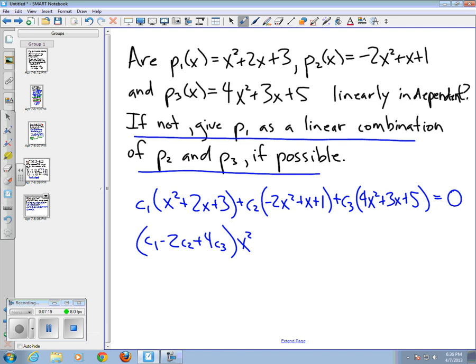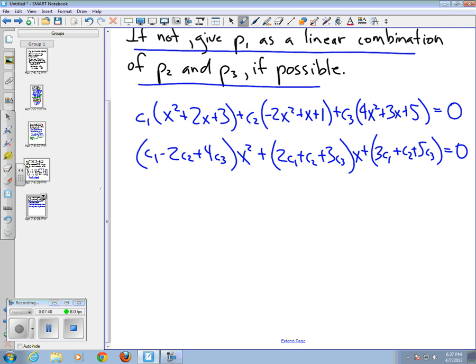For our x term, we get plus 2C1 plus C2 plus 3C3. And then the constant term looks like 3C1 plus C2 plus 5C3, and that's equal to 0.